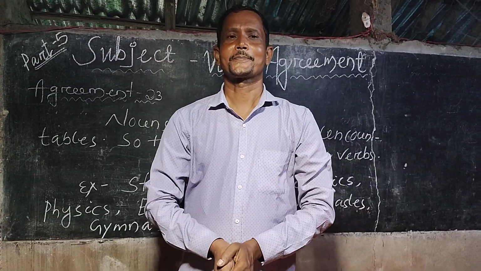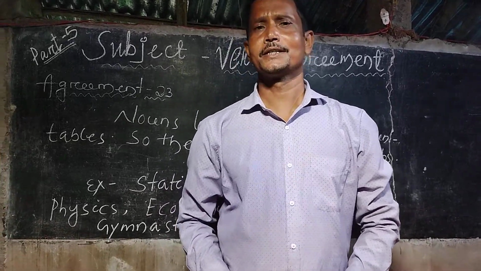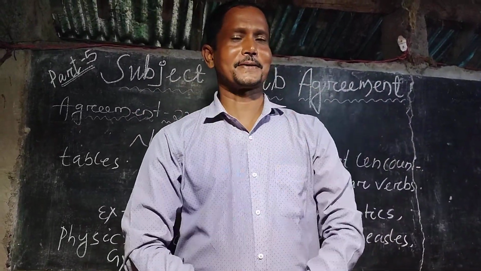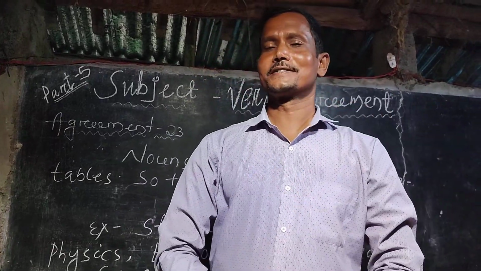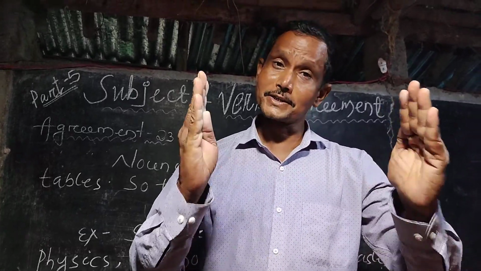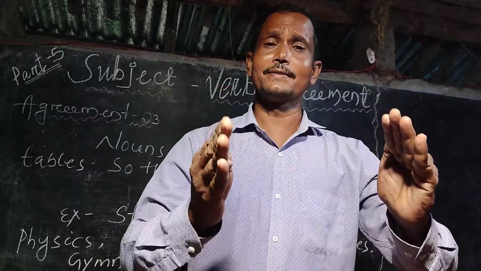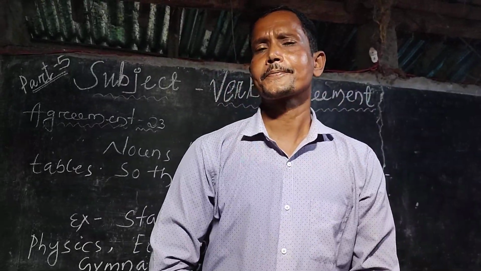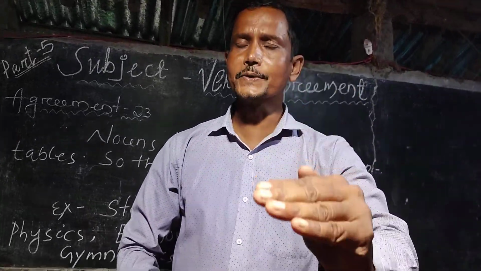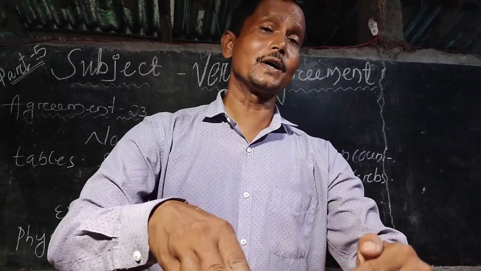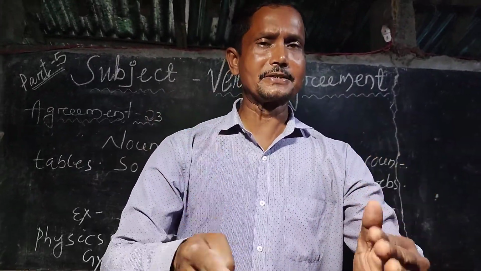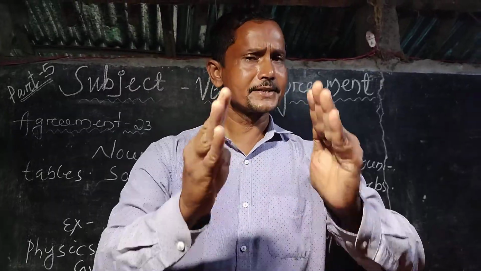Then we shall proceed towards agreement number 23. This agreement tells us that some nouns look plural, but actually they are singular, that means they are uncountable nouns, and as uncountable nouns they take singular verbs.